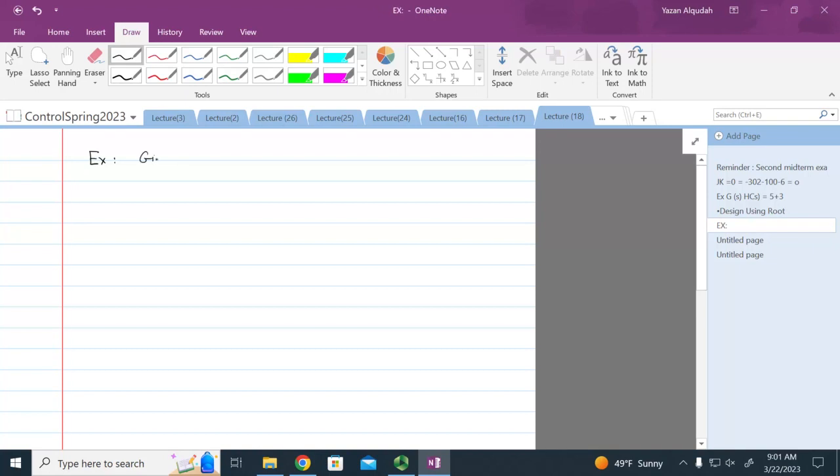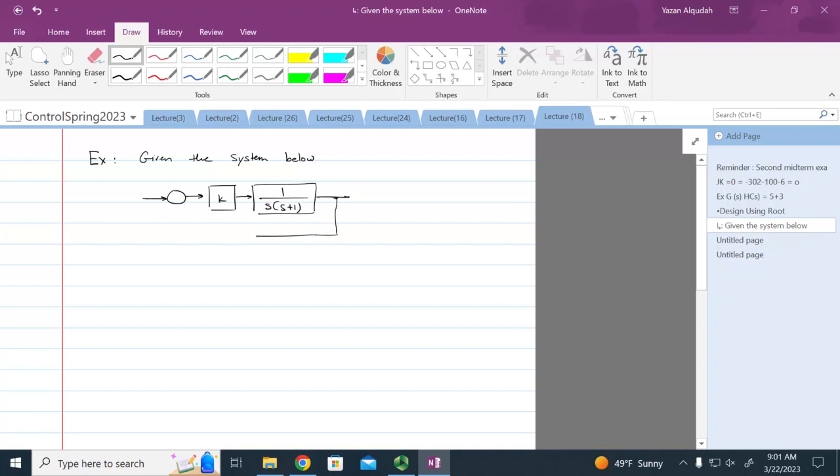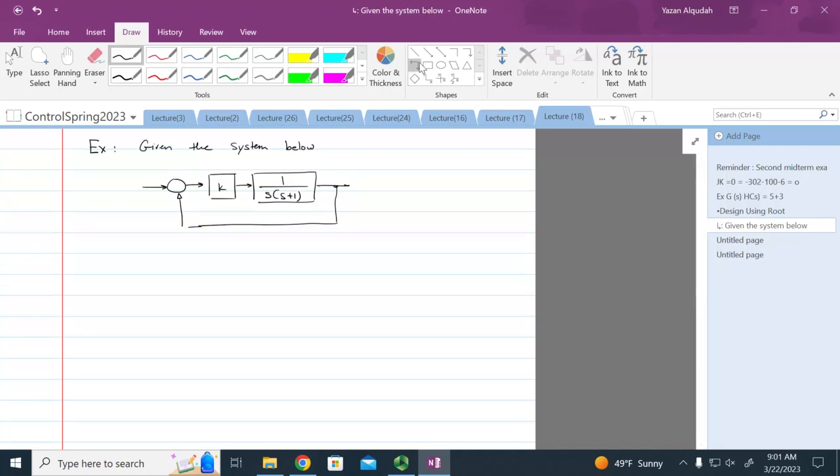So, given the system below, okay. So if I have this system here, and I'm going to plot the root locus for this system.